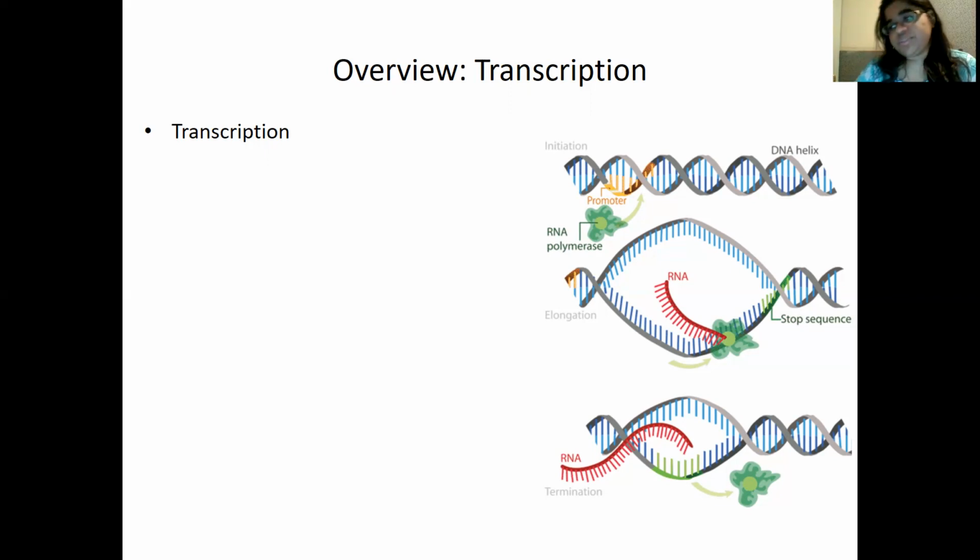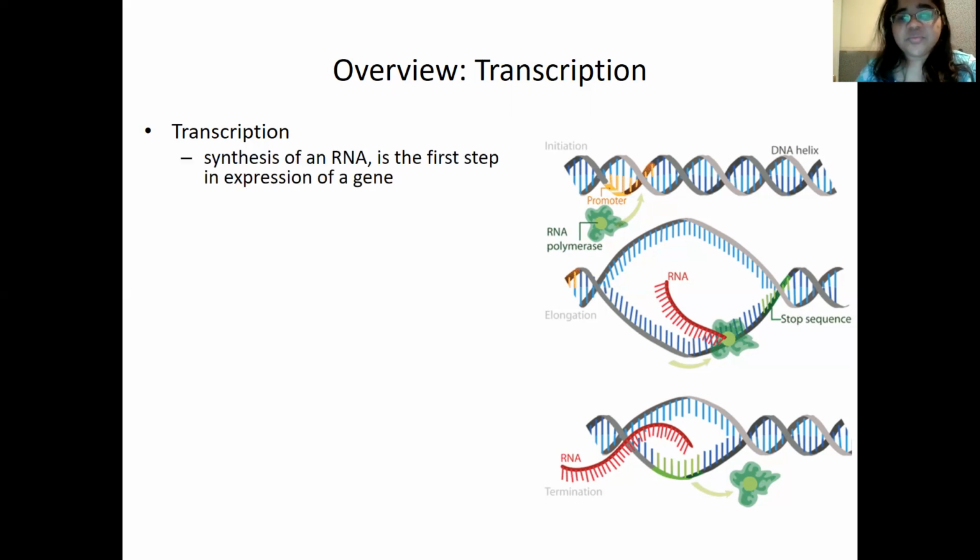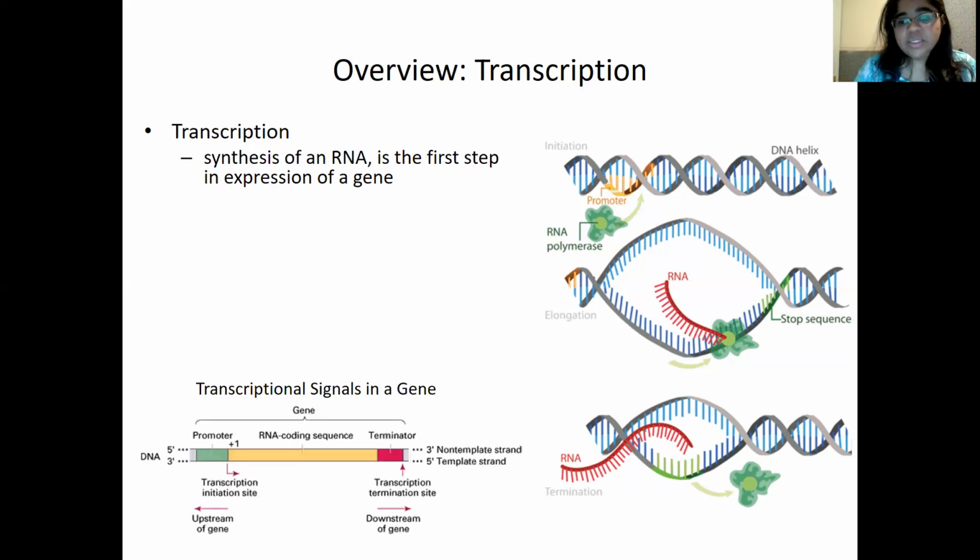What is transcription? Transcription is the synthesis of an RNA, and it is the first step in trying to express a gene, right? So this is how a gene would look in terms of transcriptional signals. Every gene has a promoter, an RNA coding sequence, and then a terminator region.